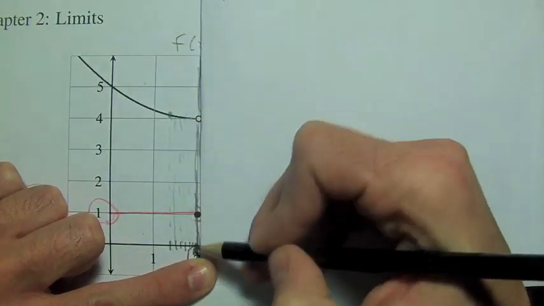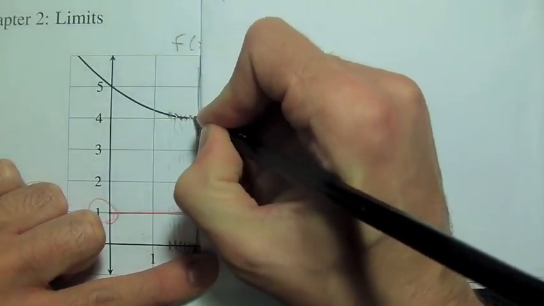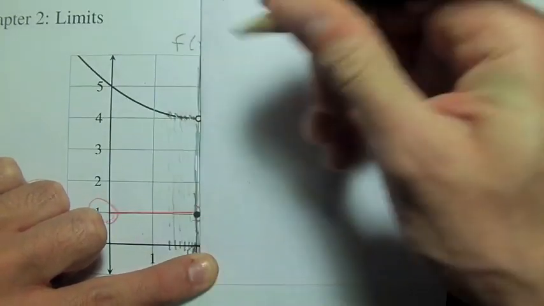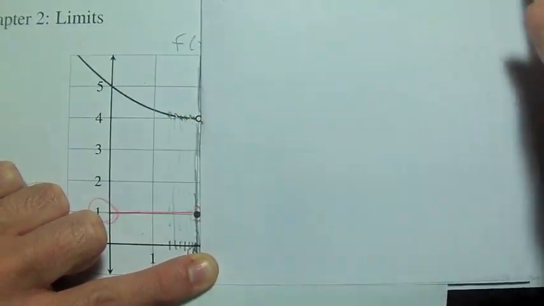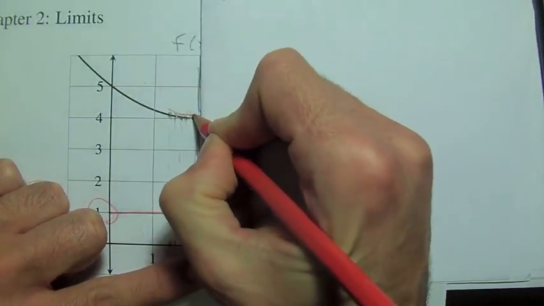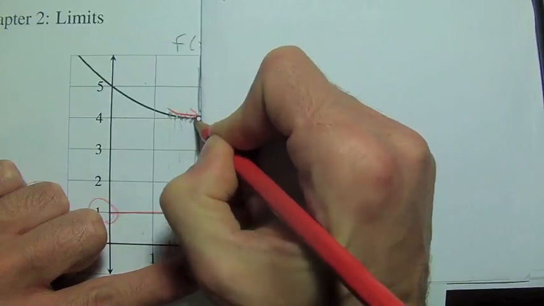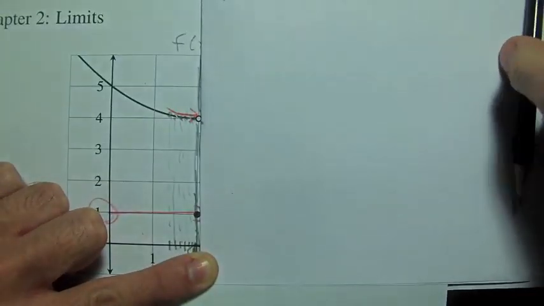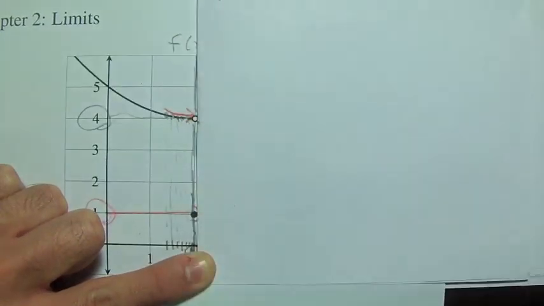Each little tick mark I drew as the x gets closer and closer to 2 corresponds with a point. It looks like it's getting closer and closer to this open dot here. These points along the y's are swooping down to hit this open dot, which corresponds with 4.